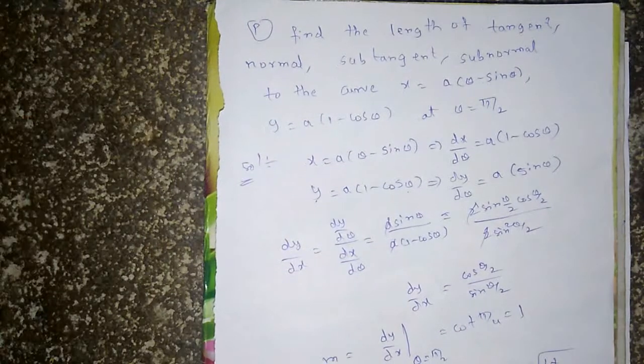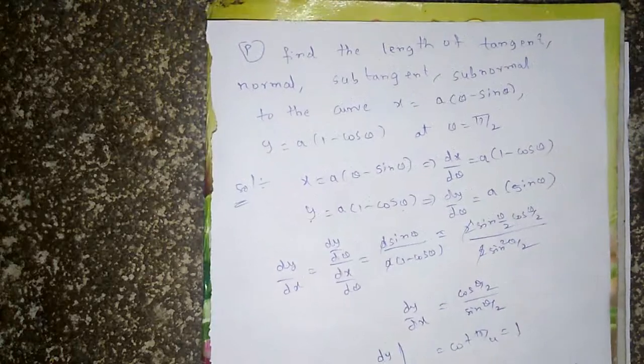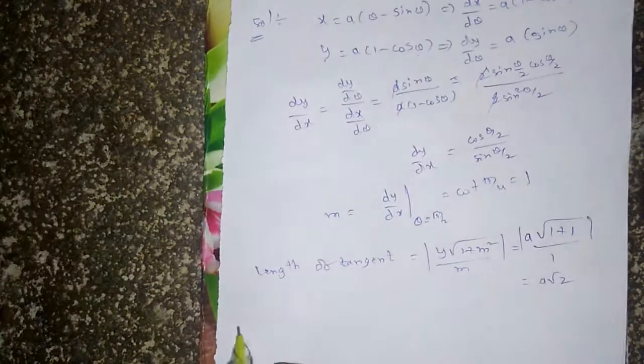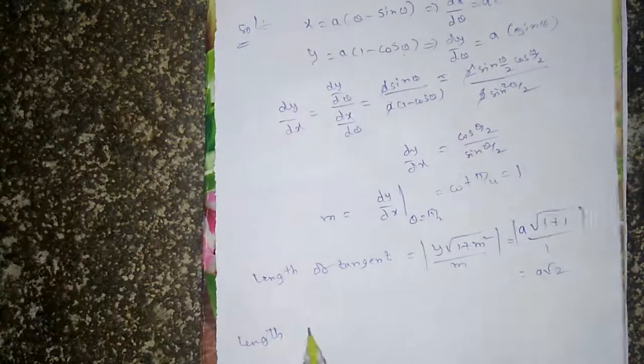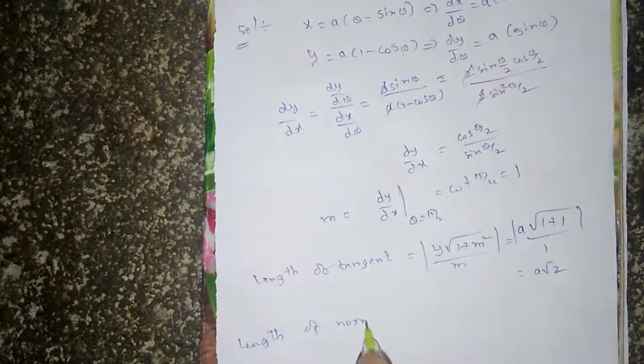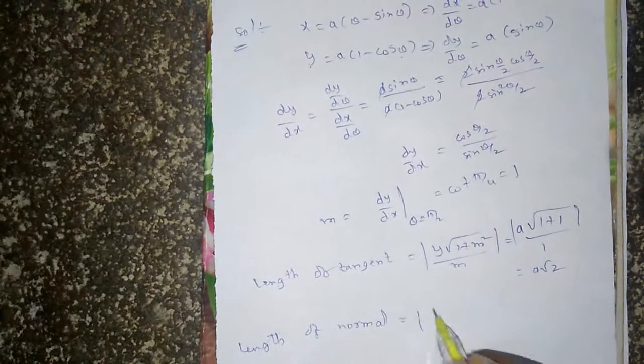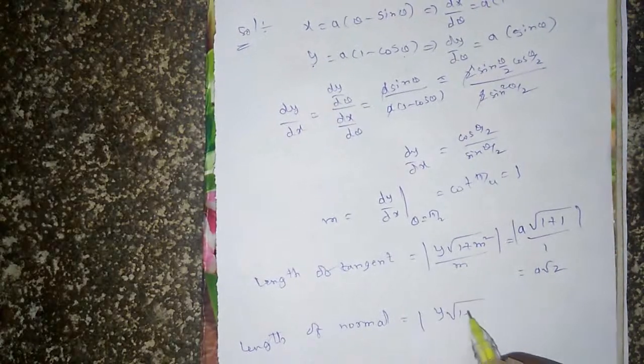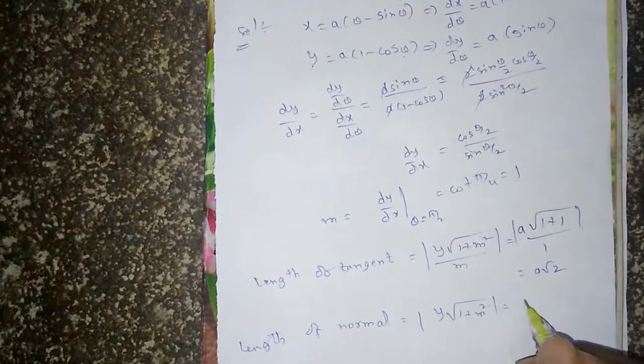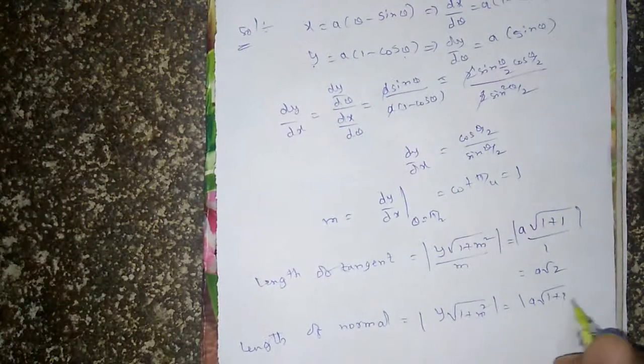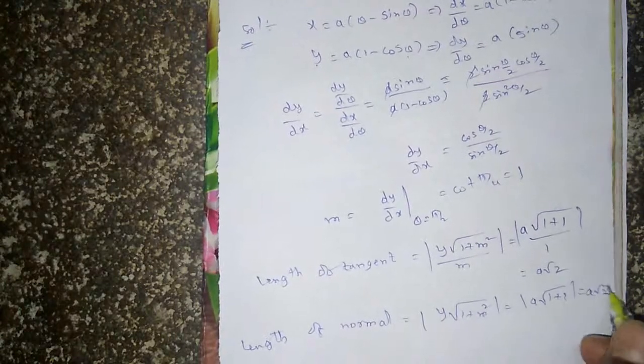Root of 1 plus m square is root of 1 plus 1, so a root 2 by 1, that is equal to a root 2. Similarly length of normal is y into root of 1 plus m square, that is a into root of 1 plus 1, that is also a root 2.